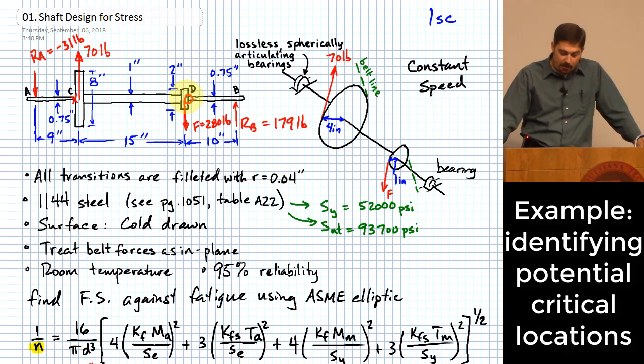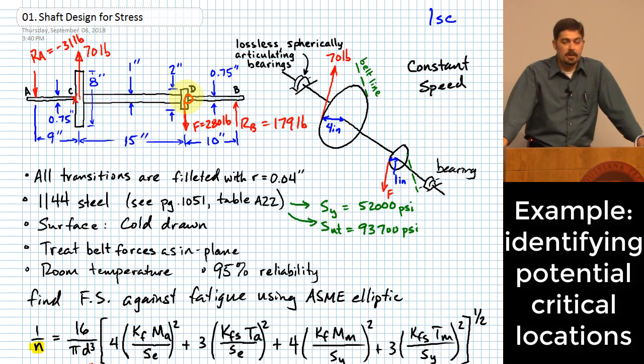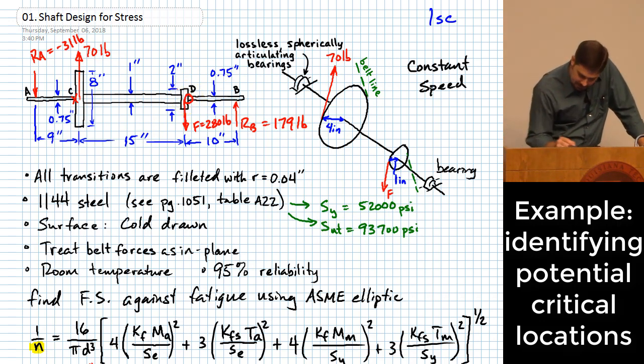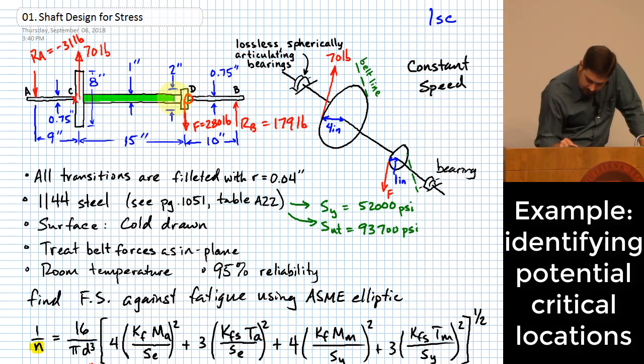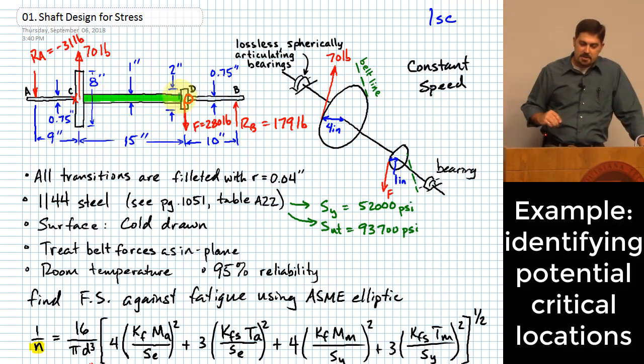Another thing I need to say before we go too much further is there are two effects that we're trying to account for. One is flexure and one is torsion. So a quick question: where does torsion exist in this shaft? Where is it carrying torsion? Yeah, in this little section right here, it is transmitting torque.